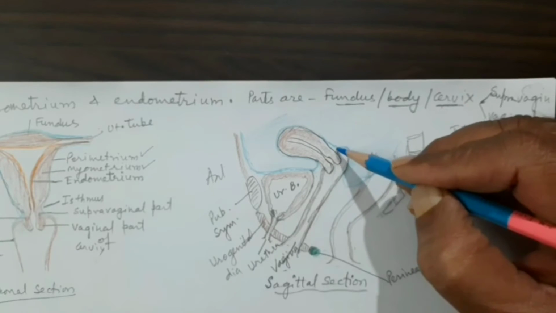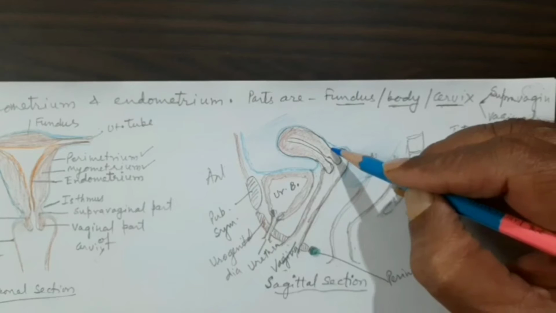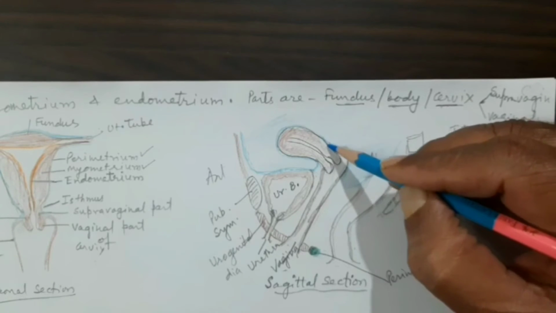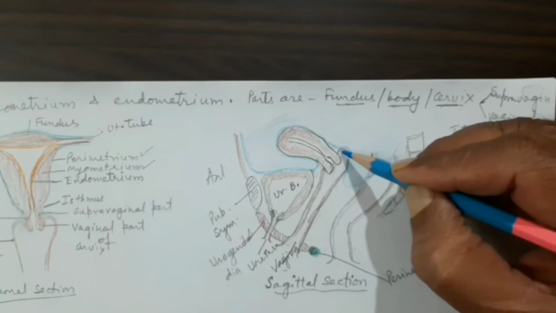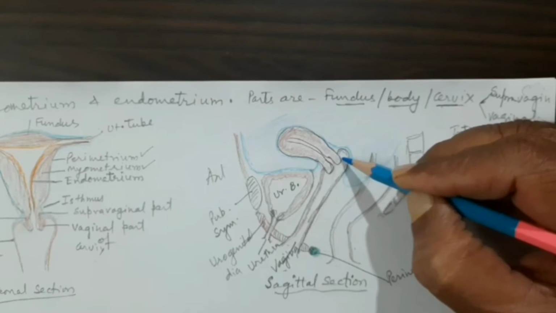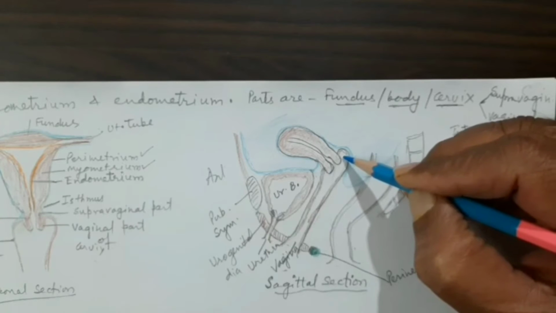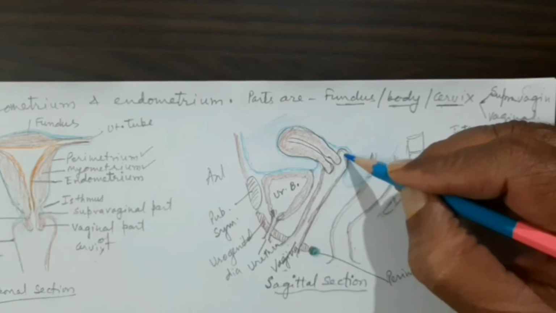From there it will cover the part of the cervix which is above the vagina, the supravaginal part of the cervix, also covered by peritoneum. Then it will cover the part of the vagina called the posterior fornix of the vagina, its deepest part.